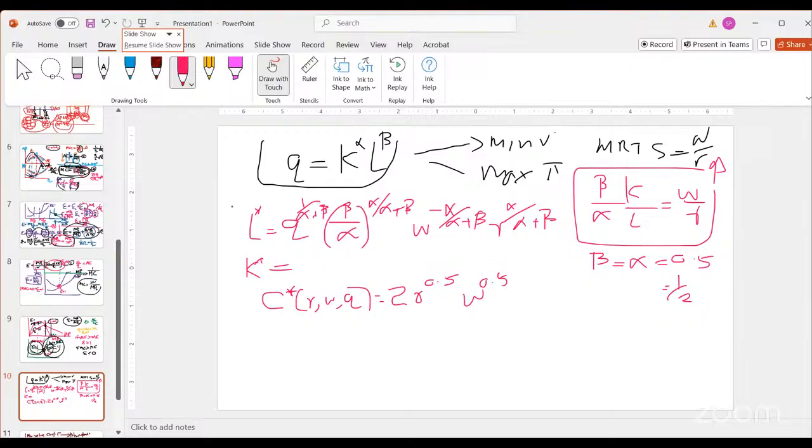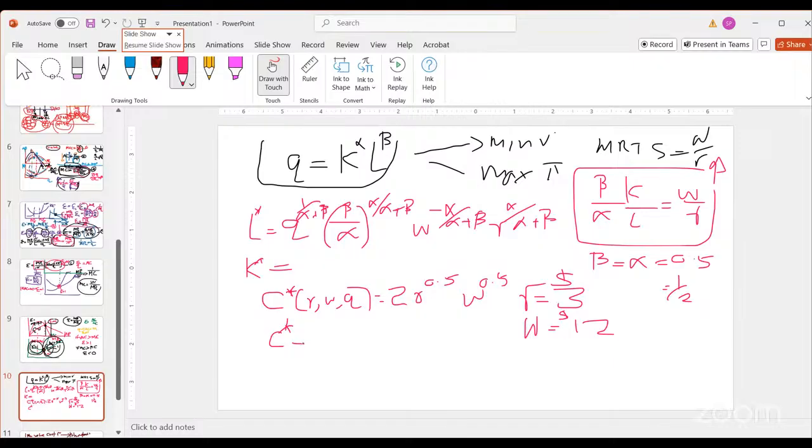And in the exam question, given R, for example, let's say I'll give you R as $3, and W, let's say I give you $12. You should be able to find the minimum cost.